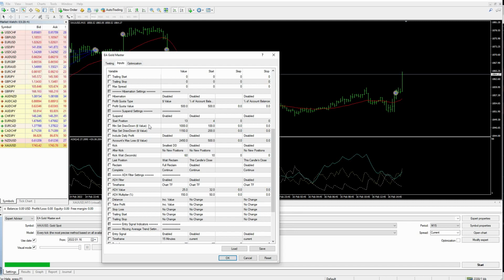Then you have the second parameter to help you tighten when Suspend starts to interrupt your trades. You set the minimum drawdown, the range that you allow the EA to still trade even when it is in a negative floating profit, or the maximum drawdown.